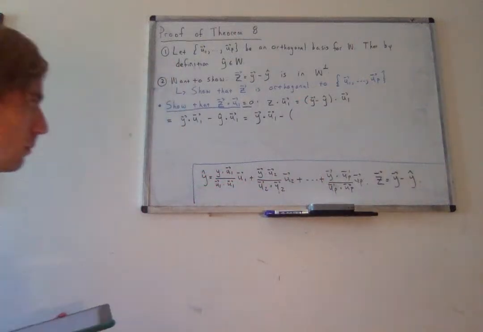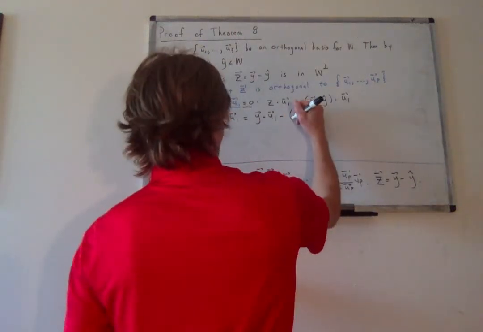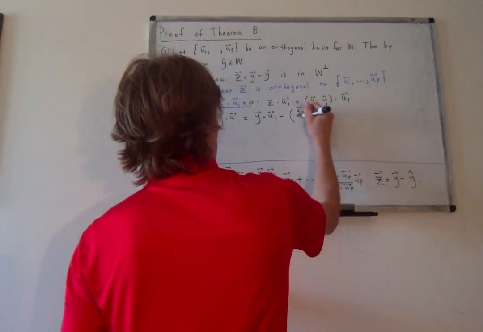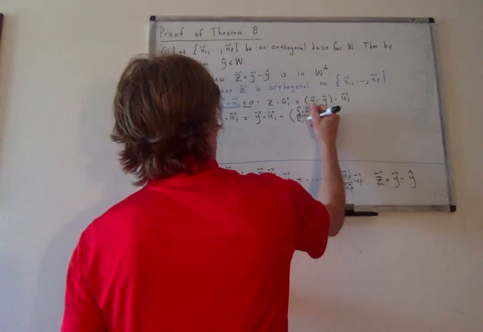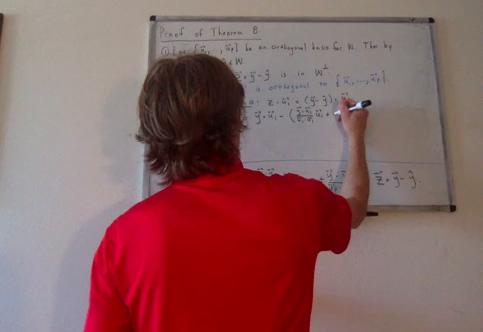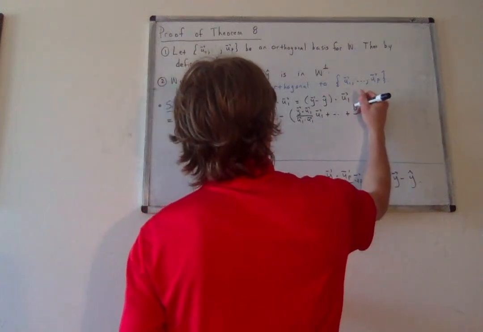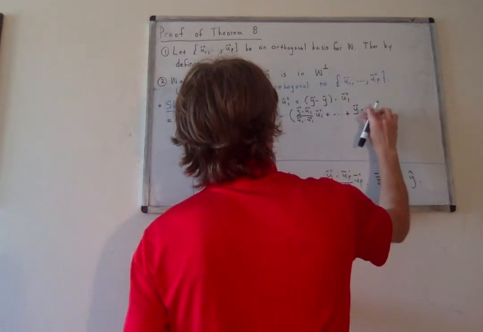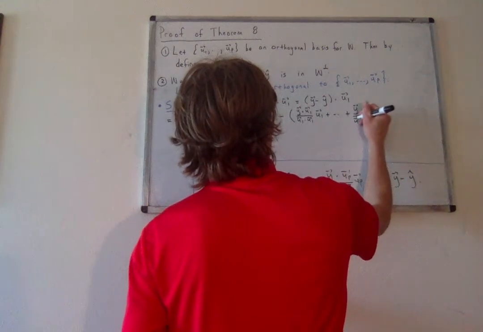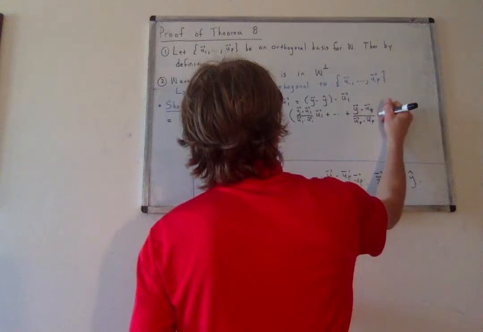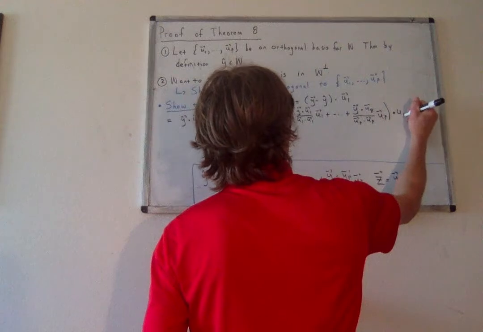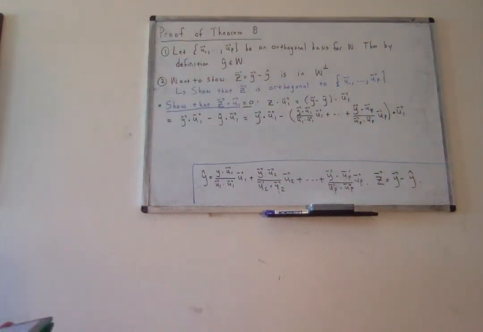So here I'm substituting what we've assumed y hat to be, which is this linear combination of the projections of y onto the vectors in W. And then we're taking that dot product with u1.